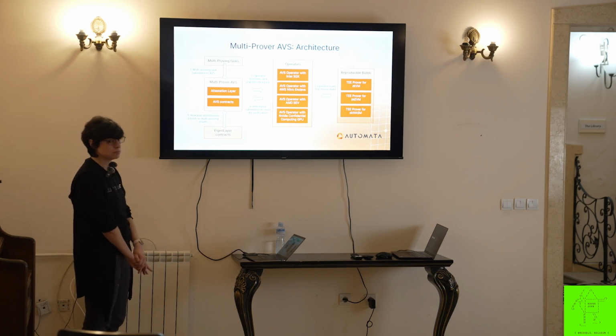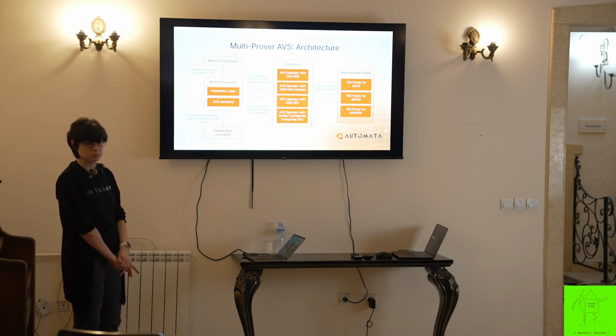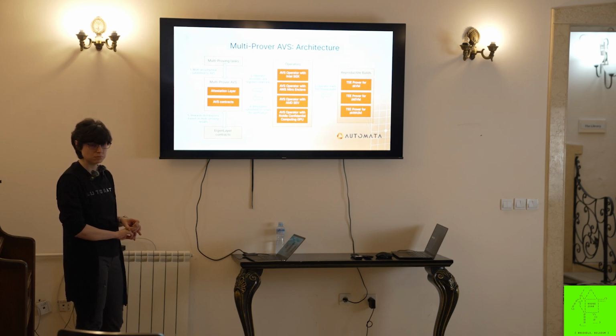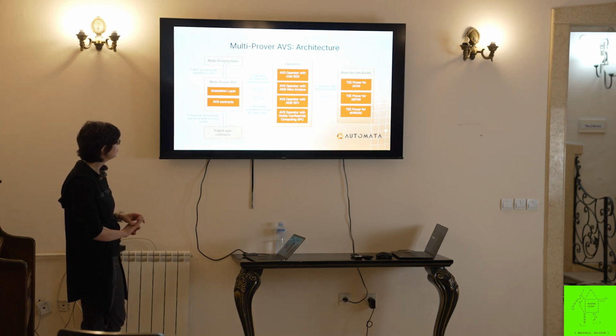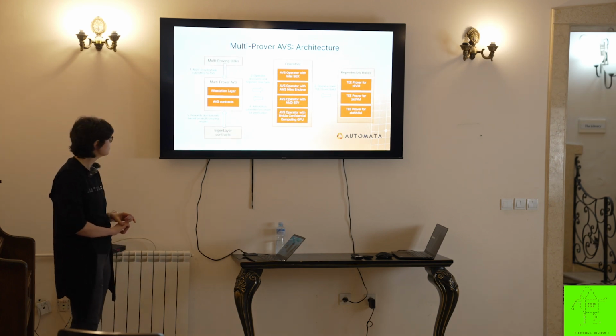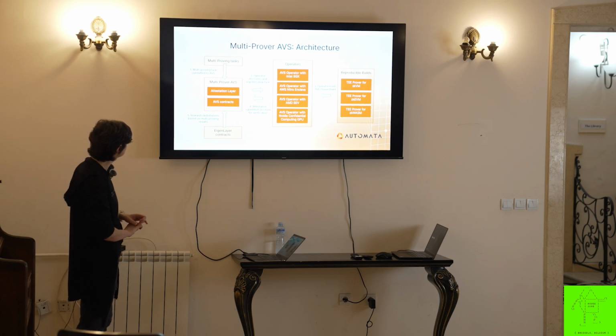Once there is a latency or a network issue with any operator, they get slashed. So with this kind of architecture, we will have kind of a double slash. You have this economic model to secure the service or protocol you are providing.